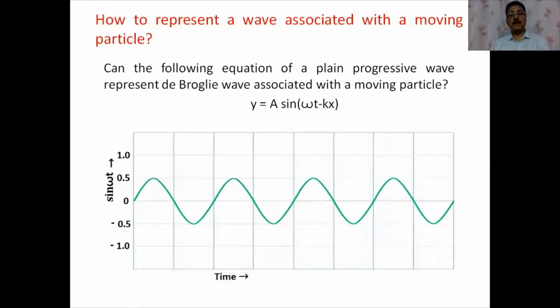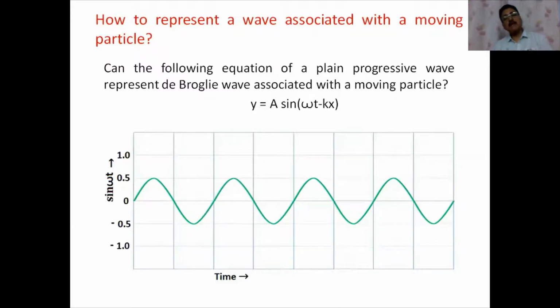And this is this wave. Now, if you see this figure of a sinusoidal wave whose mathematical expression is written above, you can see this wave extends from minus infinity to plus infinity. Naturally, if there is a wave associated with a particle, then the stretch of the wave must be finite. Why? Because the particle is a localized entity.